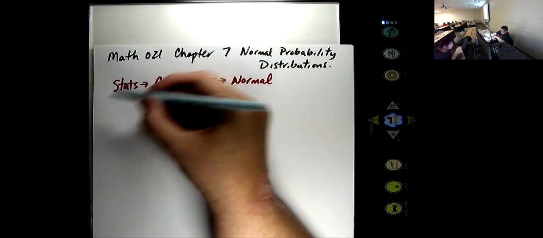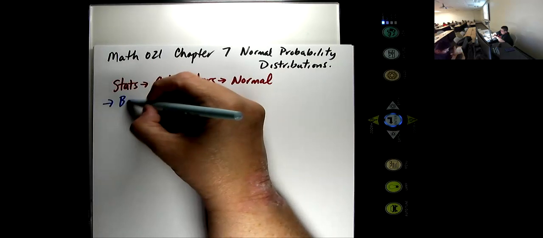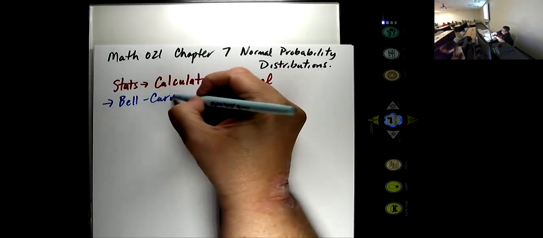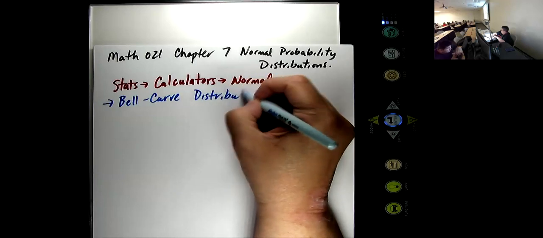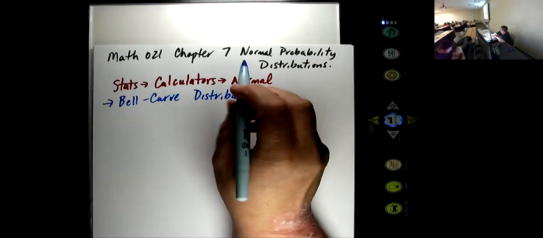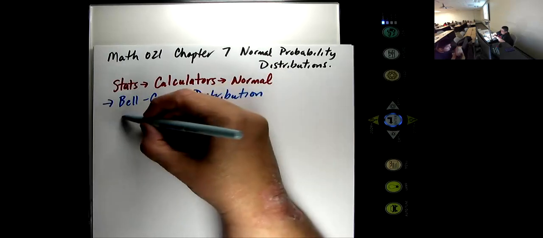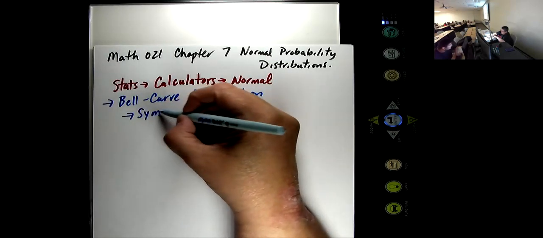It's a bell curve. Bell curve distribution, which is what we like. This is what we prefer. This means it's symmetrical about the mean.